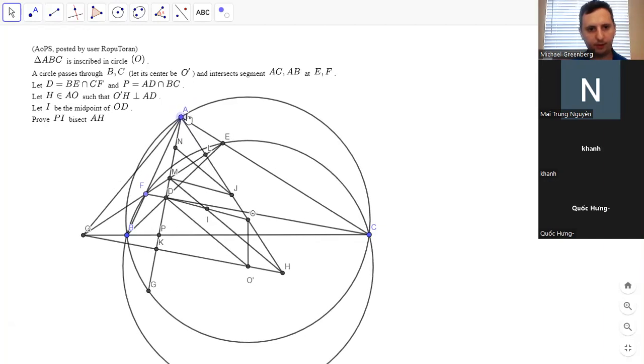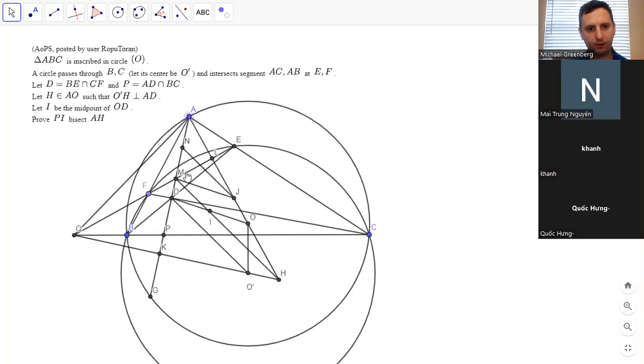Yeah. So basically, I think I can show that MH is parallel to O prime D because D is the orthocenter of AO prime Q, and M is the orthocenter of AHQ.